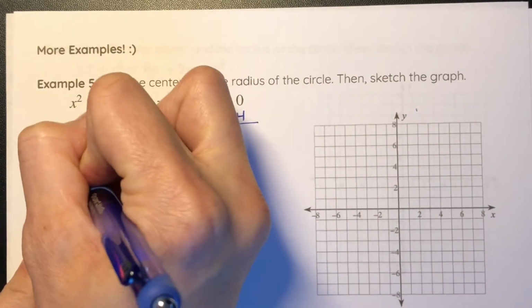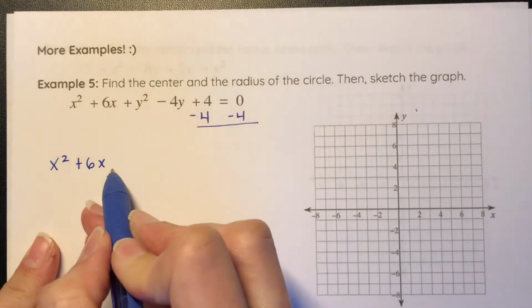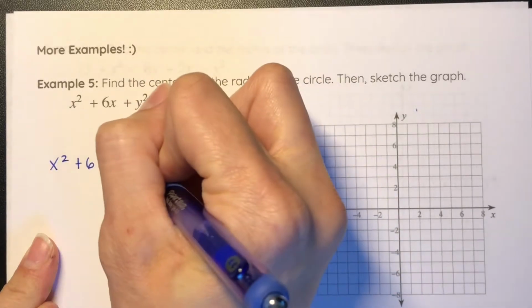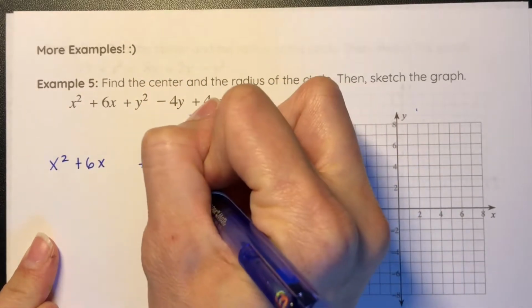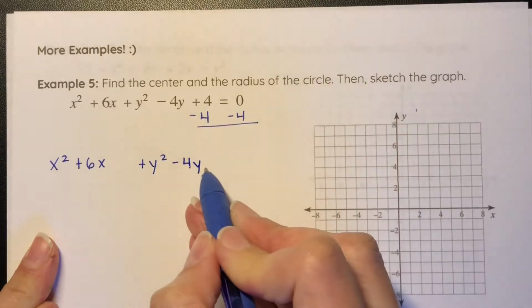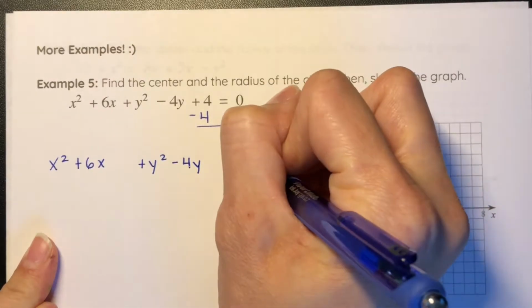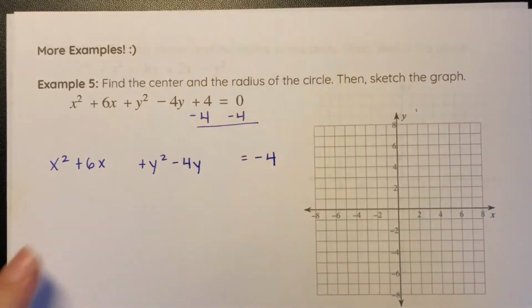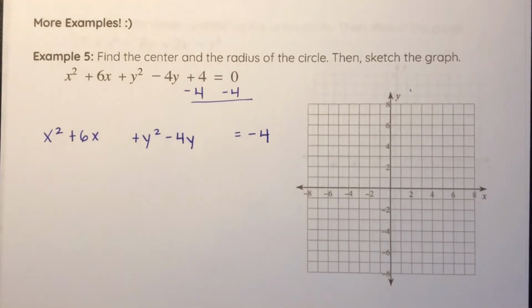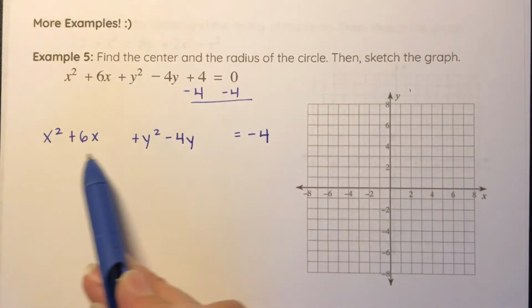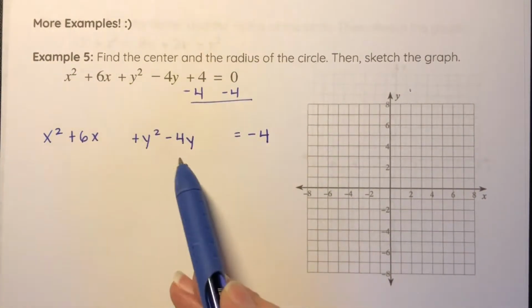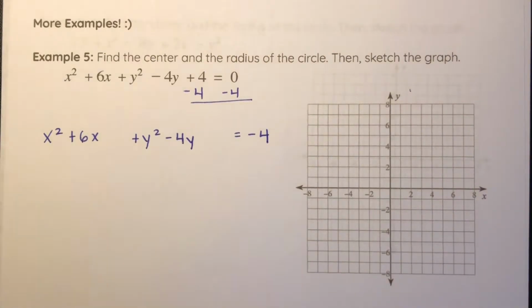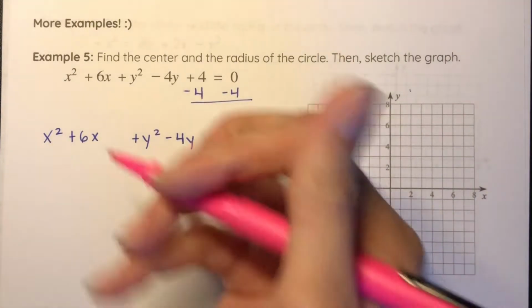So then I have x squared plus 6x, and I'm going to leave a space for a constant. Y squared minus 4y, I'm going to leave another space, and that will equal -4. Now I have to complete the square for my x terms, and for my y terms, and then I will be able to write it so it looks like a circle.